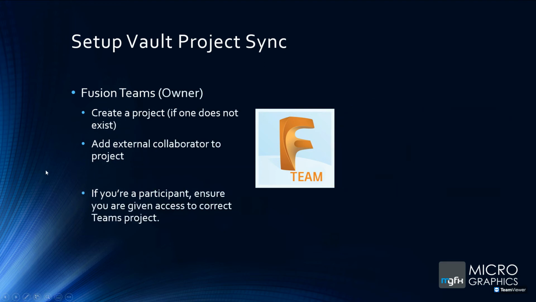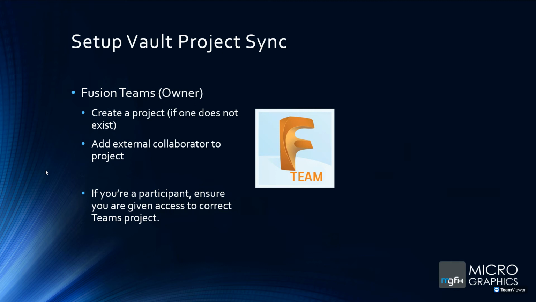So for each of those requirements, what needs to happen? If you're looking at Fusion Teams and you are the owner of that team, you would need to create a project, which you can then use to synchronize, if that project does not already exist. And then you need to add your collaborators or your external collaborators to that project. So that is if you are sharing the information and you're creating and owning that project.